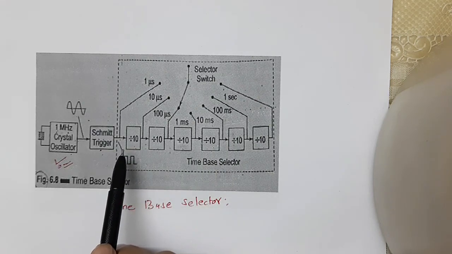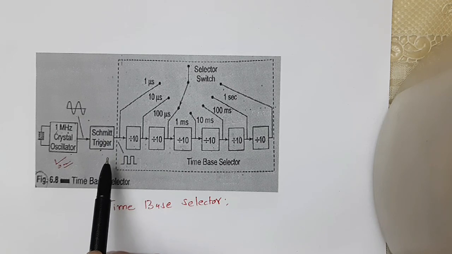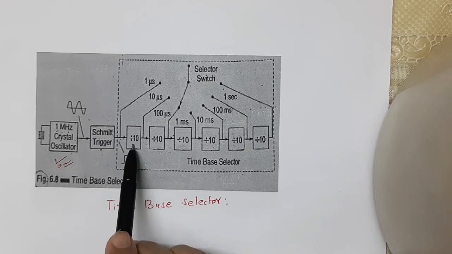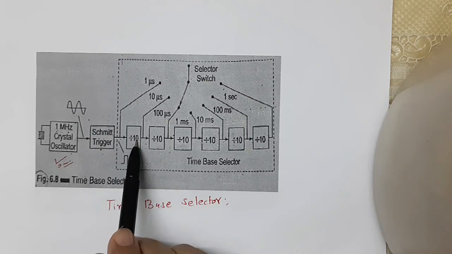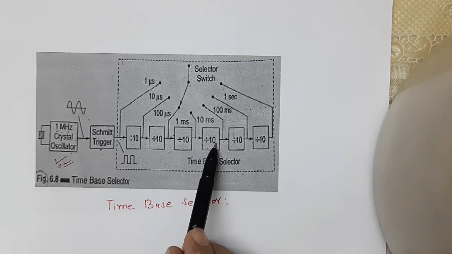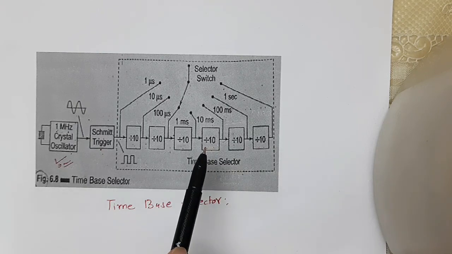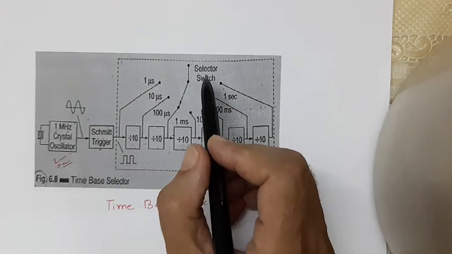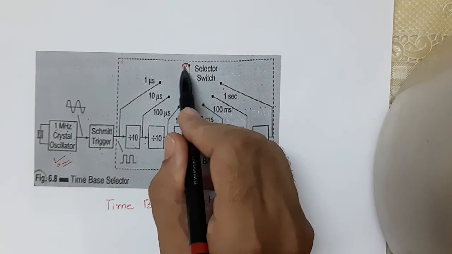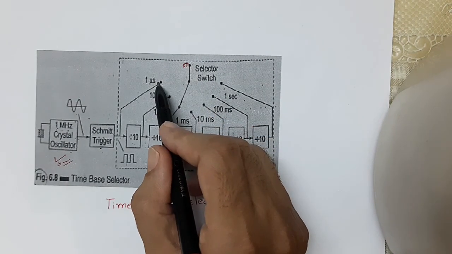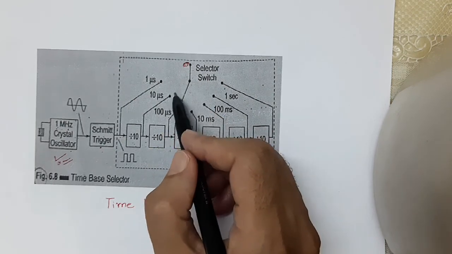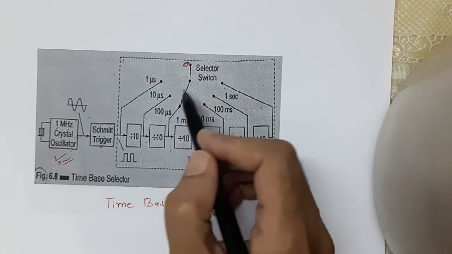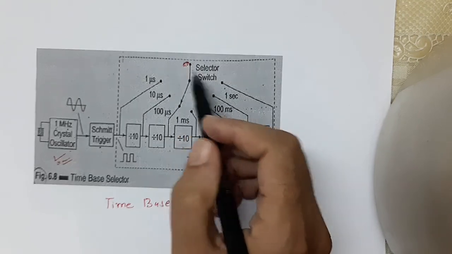Each decade divider consists of a decade counter and divides the frequency by 10. See here, it divides by 10, by 10, by 10, and so on. The outputs are taken from each decade frequency divider by means of a selector switch. So this is our selector switch. If this switch is connected here, the output is 1 microsecond. If it is here, the output is 10 microsecond. If it is here, 1 millisecond, like this.